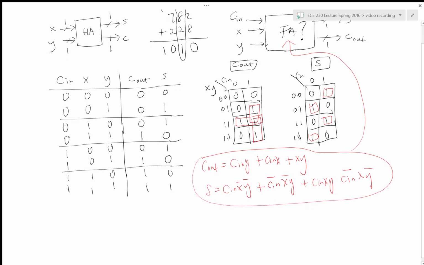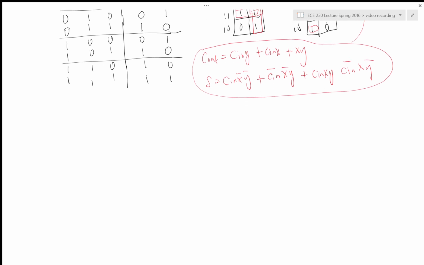The beauty of this is now we can do A plus B, if A is A3, A2, A1, and A0, and B is B3, B2, B1, and B0.